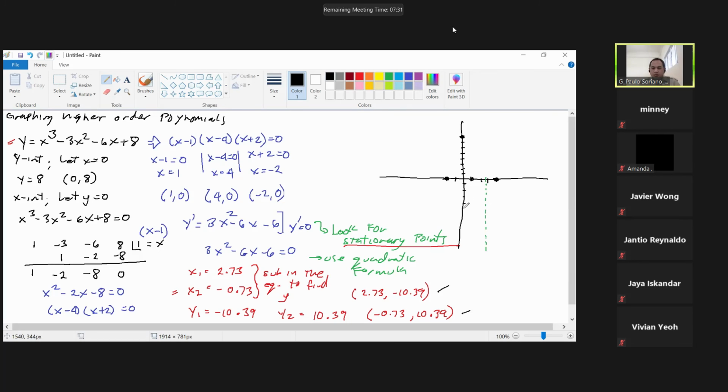So 1, 2, 3, 4, 5, 6, 7, 8, 9, 10. 10.39 is somewhere there. Then at negative 0.73, somewhere here, it goes up. This is 8, 9, and 10, so it goes higher there.